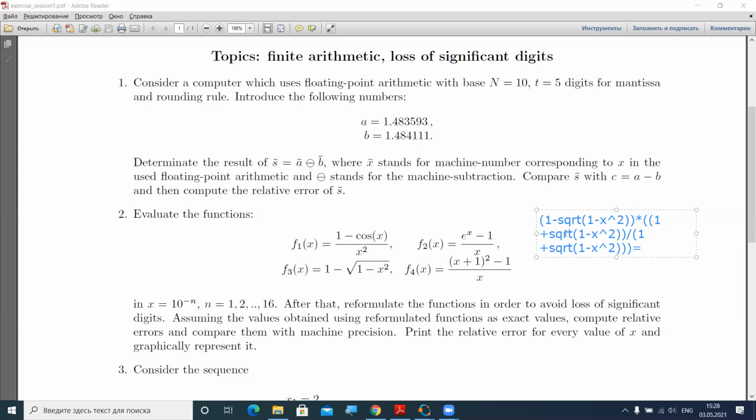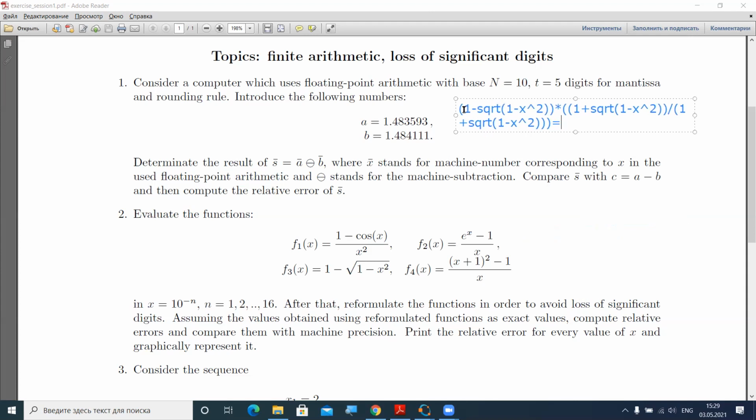So if we open the brackets in the numerator, after multiplying we get 1 minus 1 plus x squared, so just x squared.